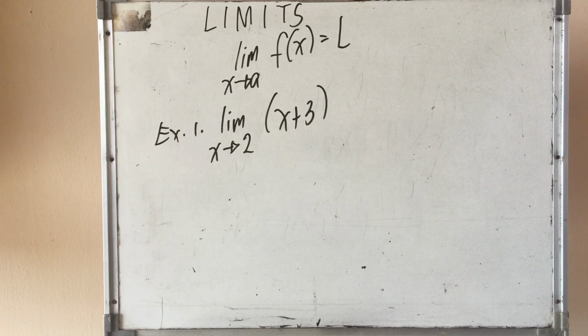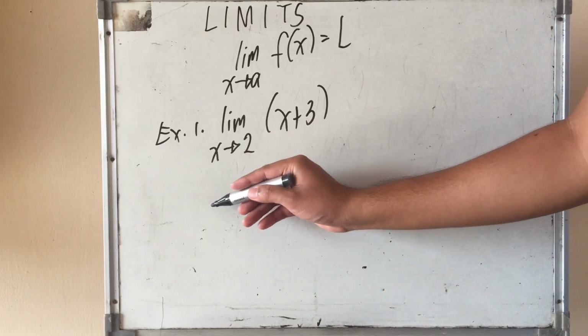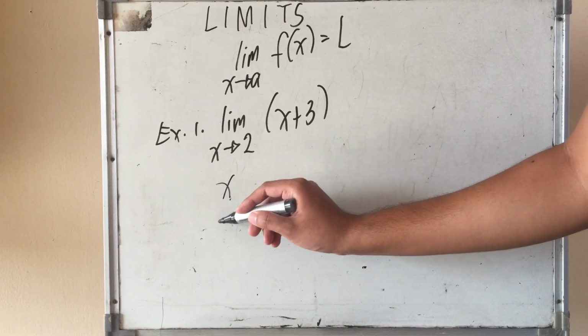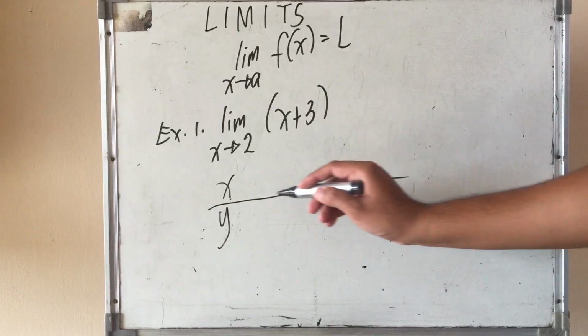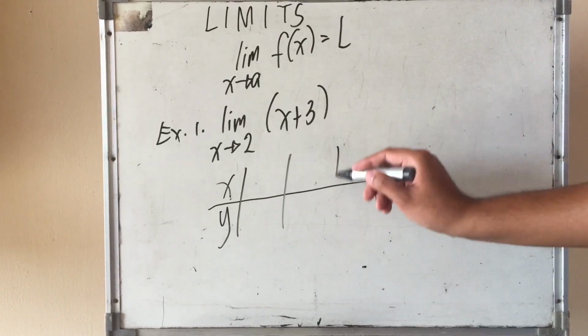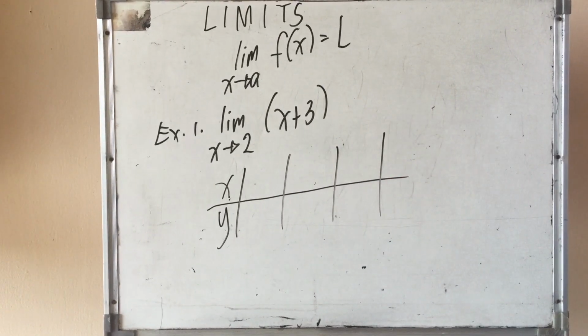So example 1, evaluate the limit of x plus 3 as x approaches 2. Using a tabular form for the solution, we shall have x and y. So you just assign values for x approaching 2.